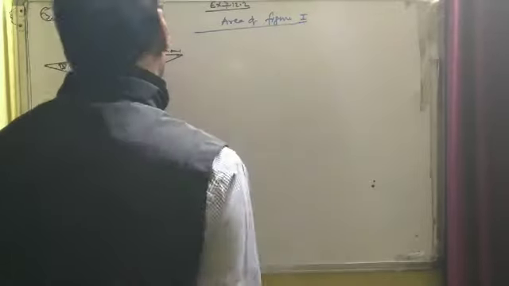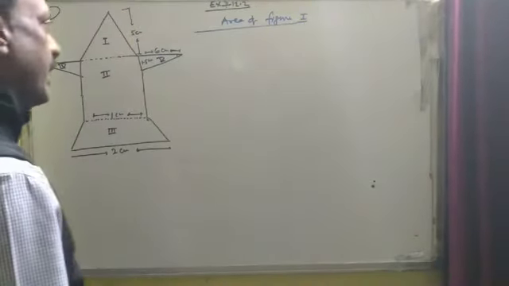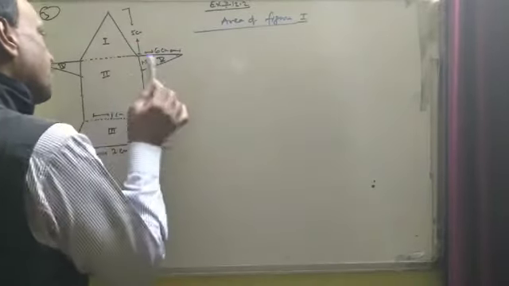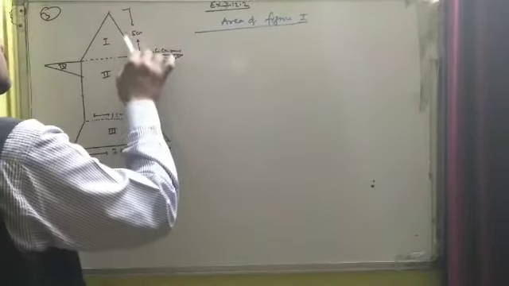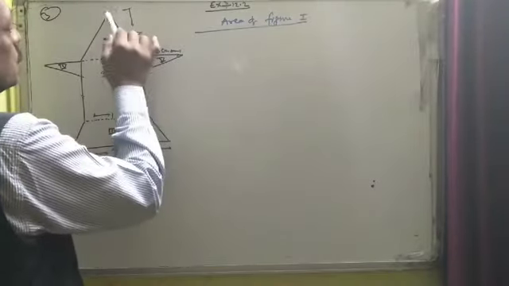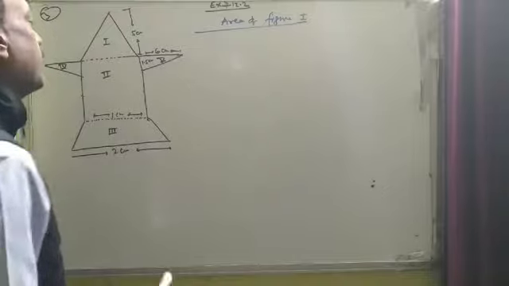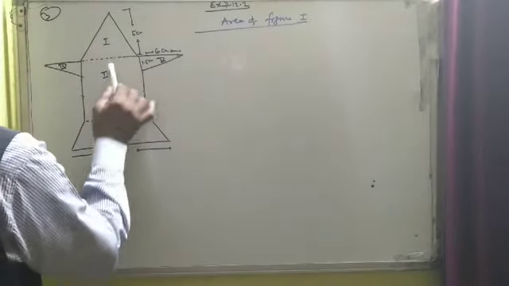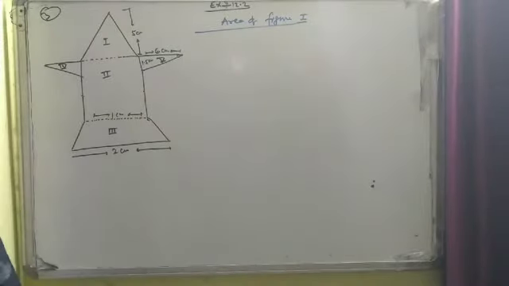Okay, so just see how can we find it. Look here in this figure, this shape is an isosceles triangle. This side is of 5 centimeter, so obviously this side is also of 5 centimeter, and this one is given as 1 centimeter.